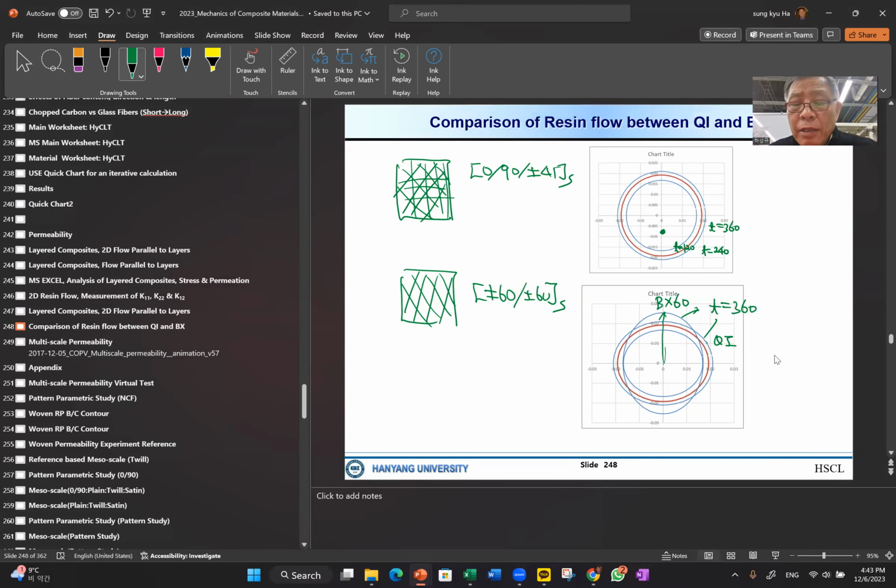Okay, so now you can imagine how much parametric study you can do.